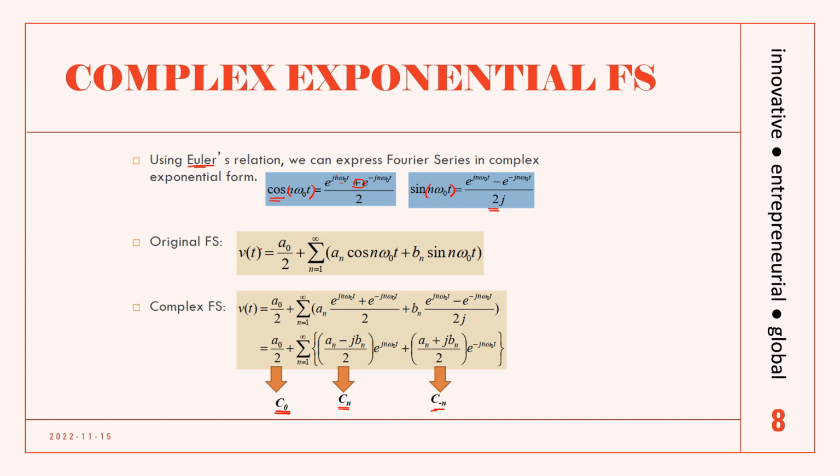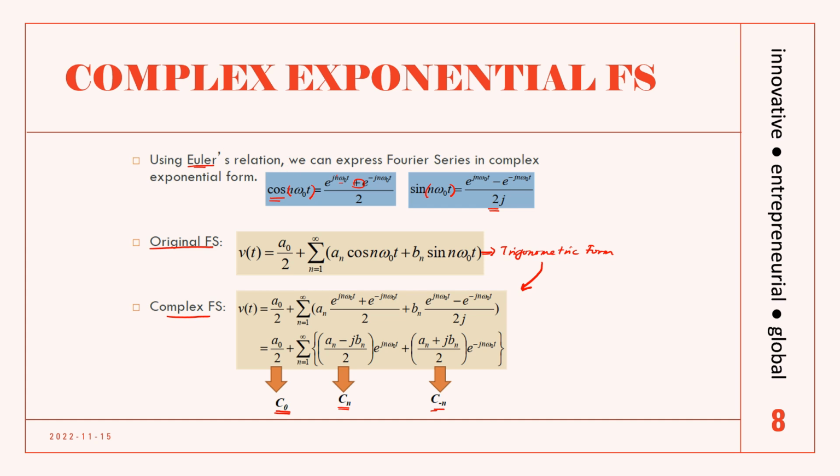This is the original Fourier series, which is in trigonometric form. From this trigonometric form, you can always convert it into the complex exponential Fourier series form by applying Euler's theorem.